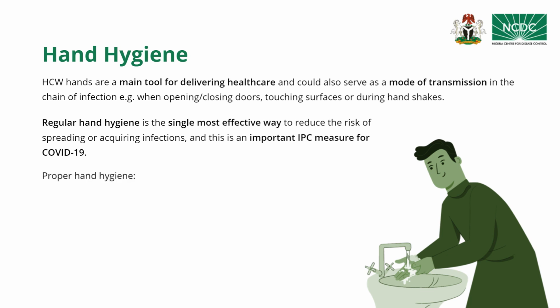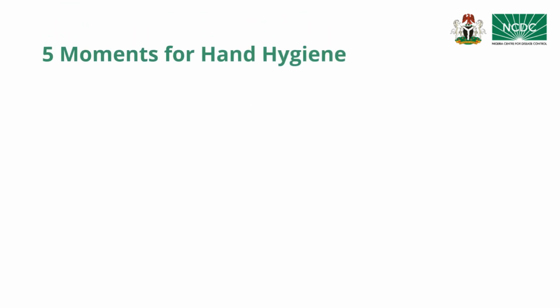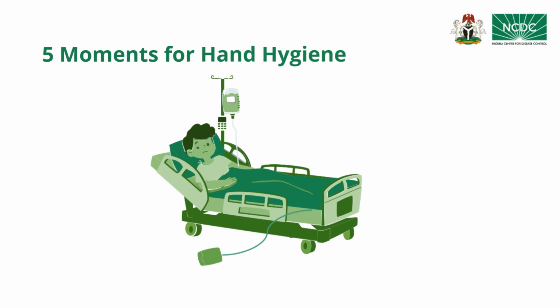Proper hand hygiene reduces the spread of infectious agents and terminates outbreaks by preventing the spread of diseases through human-to-human transmission. The 5 moments of hand hygiene define the key moments when healthcare workers should perform hand hygiene.